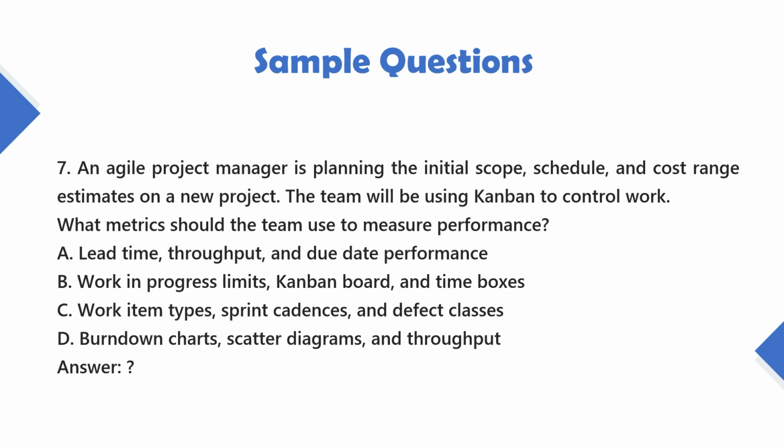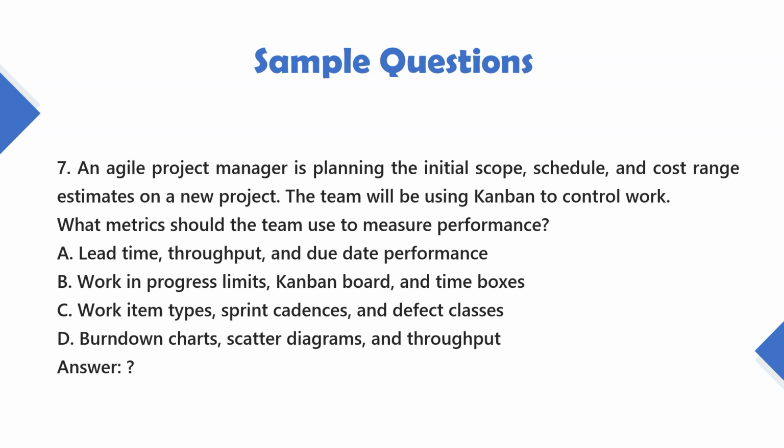7. An Agile project manager is planning the initial scope, schedule, and cost range estimates on a new project. The team will be using Kanban to control work. What metrics should the team use to measure performance? A. Lead time, throughput, and due date performance.